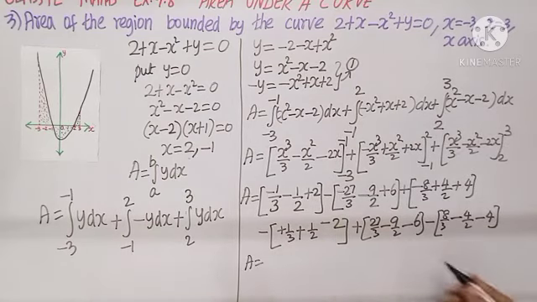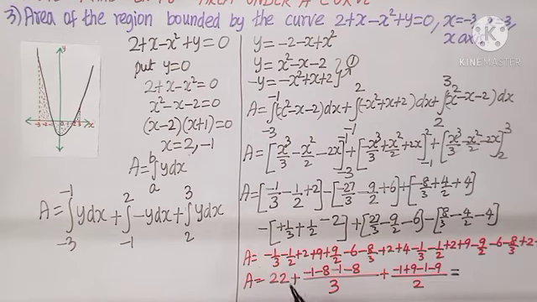Let us simplify further. Collecting all the whole numbers together, 2, 9, minus 6, 2, 4, we get 22. Collecting all the by 3 terms together, minus 1, minus 8, minus 1, minus 8 by 3. Collecting all the by 2 terms together, minus 1 plus 9, minus 1 minus 9.